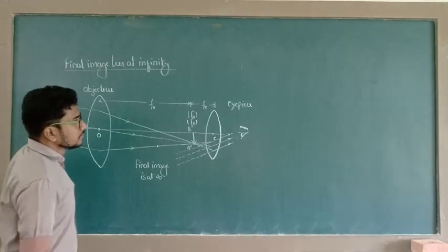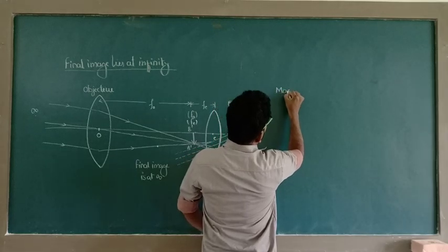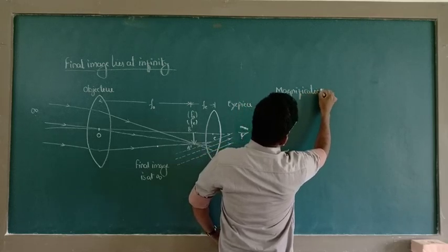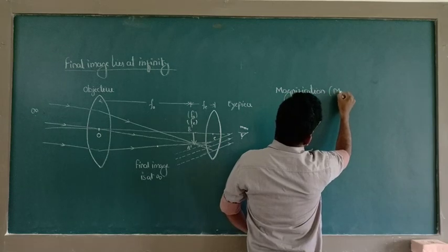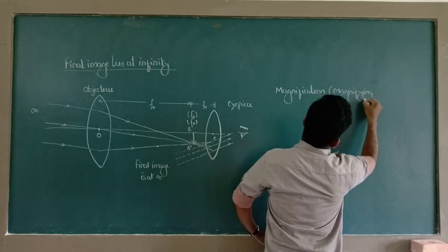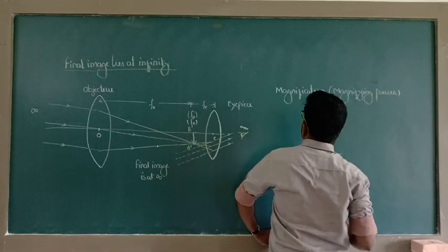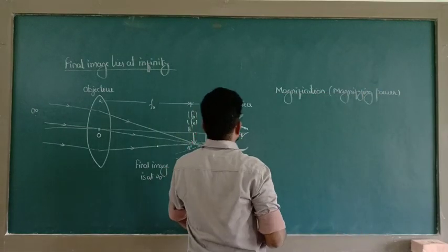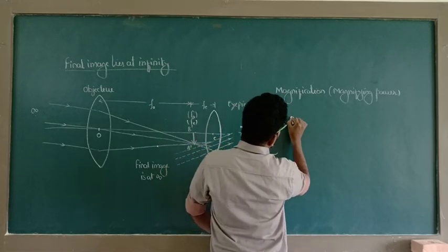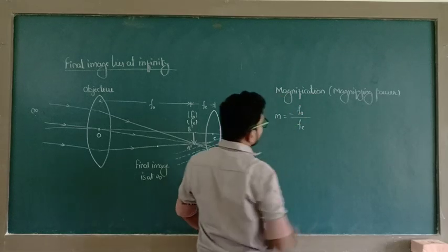And the magnification or magnifying power of a refracting type of telescope when the final image lies at infinity is equal to minus the focal length of the objective divided by the focal length of the eyepiece.